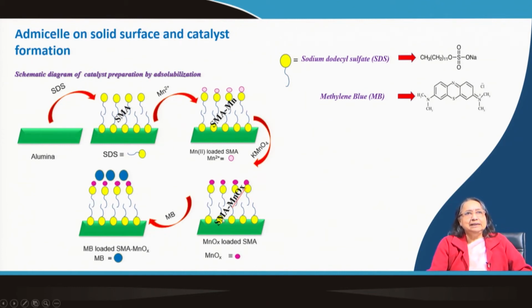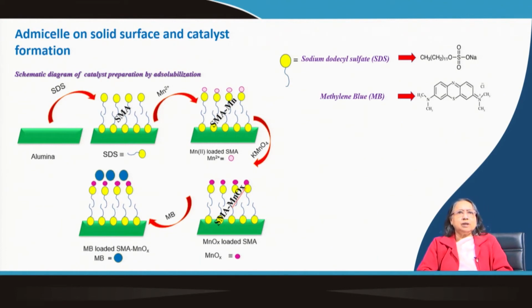Now, an important thing is that because the head group is negatively charged, methylene blue, a positively charged cationic dye, will be adsorbed on this negatively charged head group. So, catalyst is there as well as the dye. We will show you how the catalyst can degrade the methylene blue dye in the presence of H2O2.